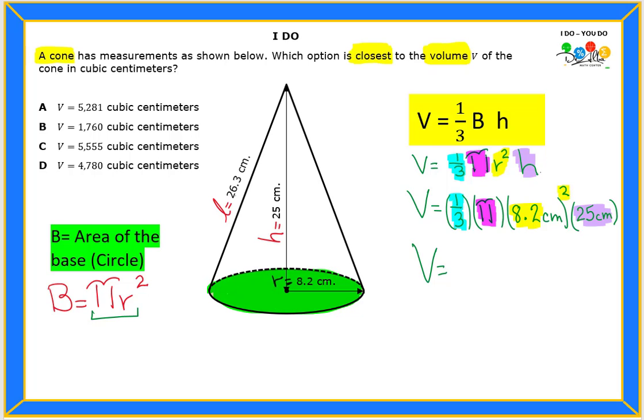So when I work it out, let me give you a couple of seconds for you to input that in the calculator, okay? And when you input that in the calculator, it'll be very close to my answer. It might be a little bit different depending on what you use, but this is what I got.